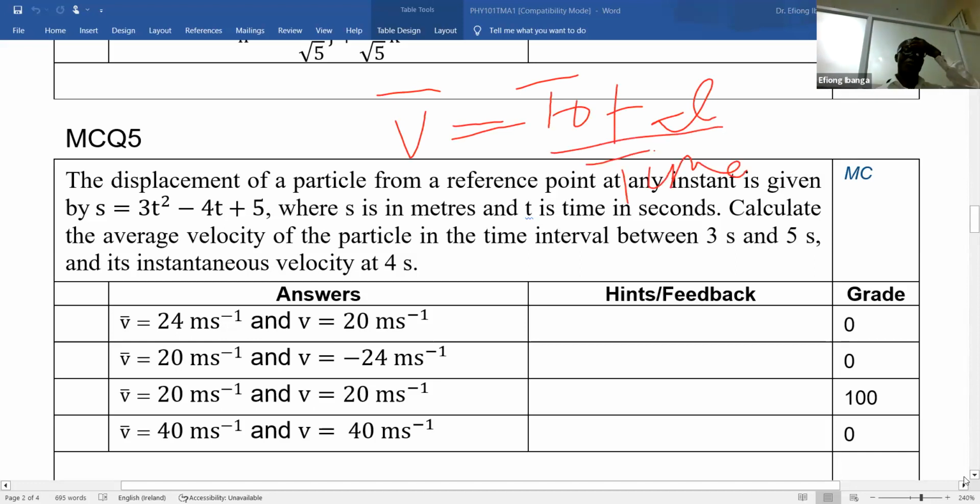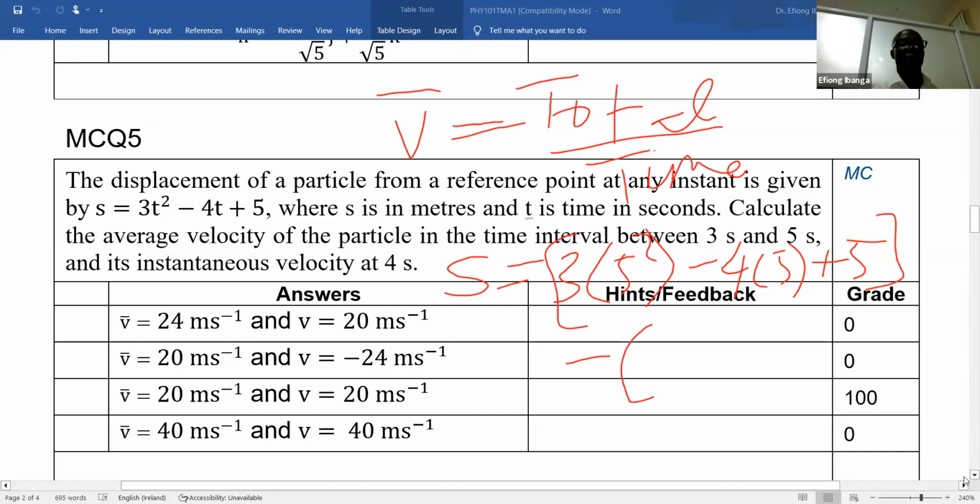All right? So for me to find the distance in this case, my S, that means I'm going to have S, this is 3 into 5 squared, minus 4 into 5 plus 5. Then that's at the final time. Then minus the whole of this, minus 3 into 3 squared, minus 4 into 3 plus 5.